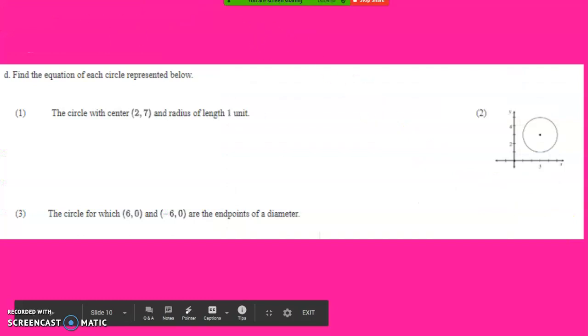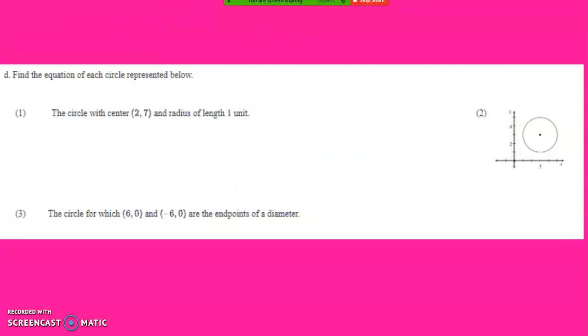Let's practice. Find the equation of each circle represented below. Number 1, the circle with the center 2, 7 and the radius of length 1 unit. Pause the video and try to solve number 1. Come back and see how you did.